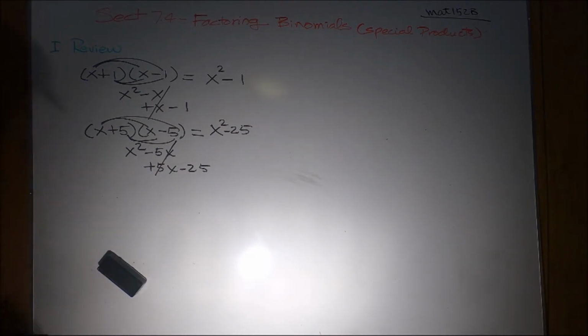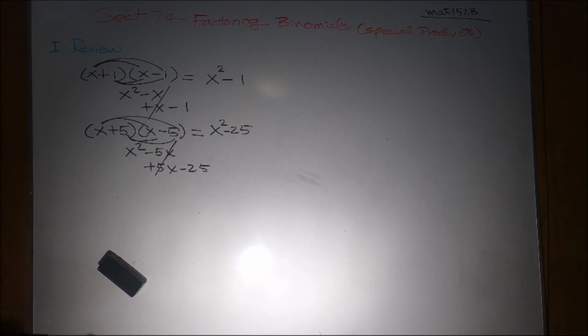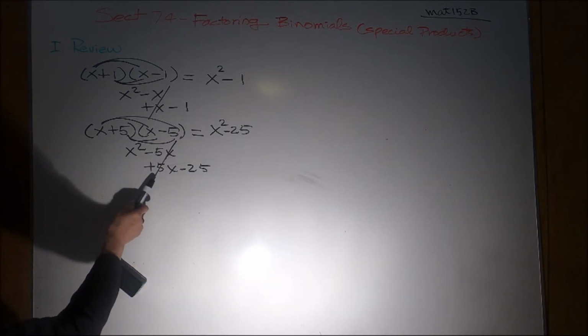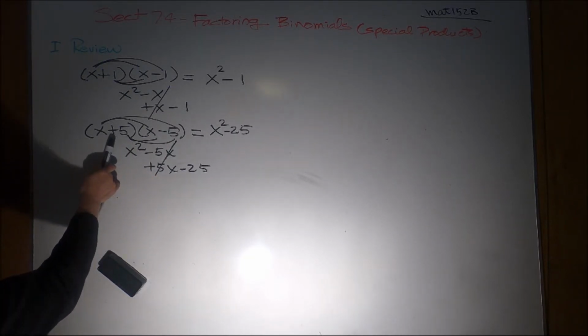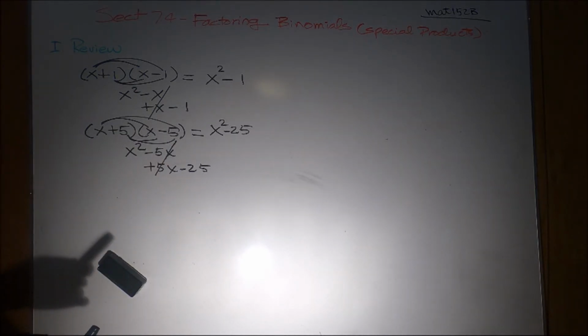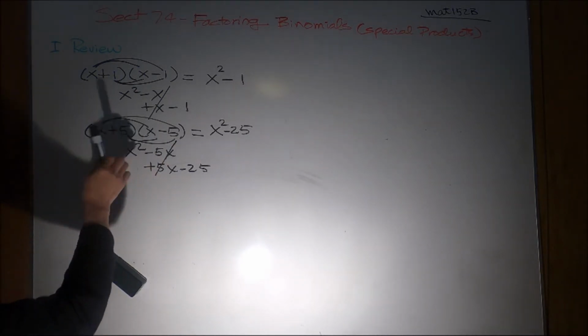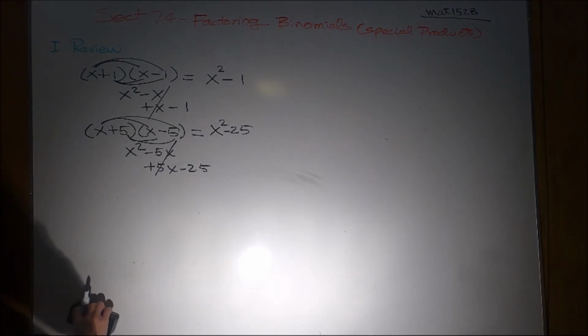Why do we have the middle terms canceled out? Because they are the same, one is positive, one is negative. Why do we have this situation? Because when we multiply, we have the same numbers, except one is plus, one is minus, right?